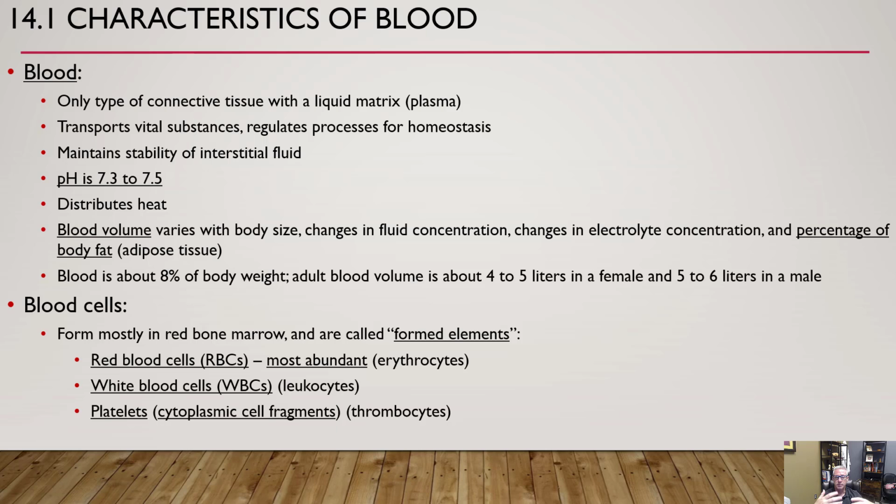It maintains the stability of the interstitial fluid. Remember, we have that intracellular fluid, we have that extracellular fluid. And I mentioned several chapters ago that the arterial side will dump out about 20 liters of fluid every day.